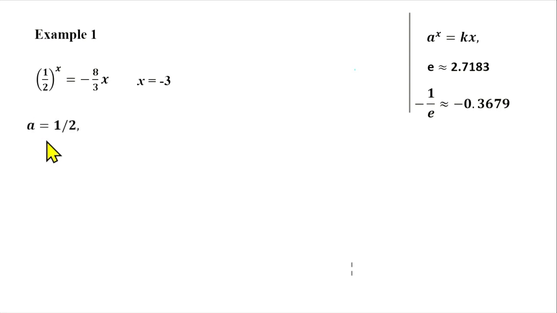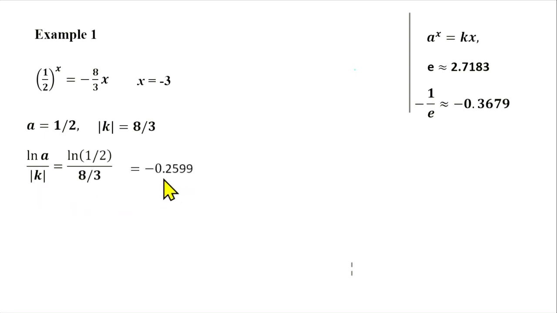We write that a here is equal to 1 over 2, the absolute value of k is 8 over 3, and the parameter ln a divided by the absolute value of k is equal to negative this number.